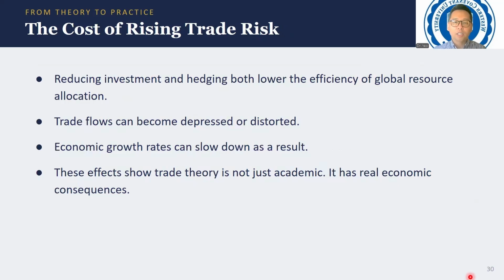Let's step back and look at the bigger picture. When businesses reduce risky investment, and when they hedge by sourcing from multiple locations instead of the most efficient single location, this actually lowers the overall efficiency of how resources are allocated across the global economy. Trade flows can become depressed, meaning there's simply less trade overall, or distorted, meaning trade no longer follows the most efficient pattern that theory would predict.